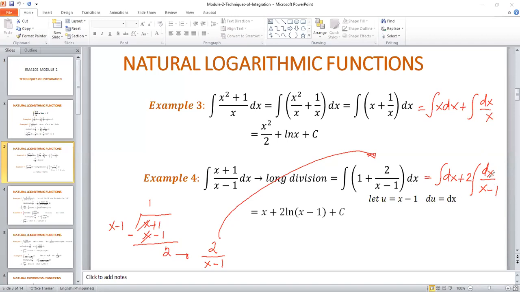So it's in here. Then you can process the integral of this. The integral of the dx is x. And the integral of dx over x minus 1 is the ln of x minus 1. These 2 came from these 2 in here. The constant that is written before the integral.